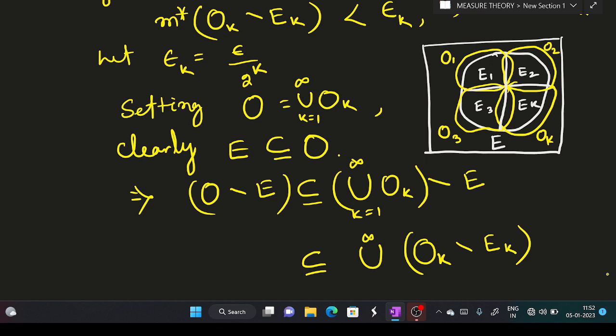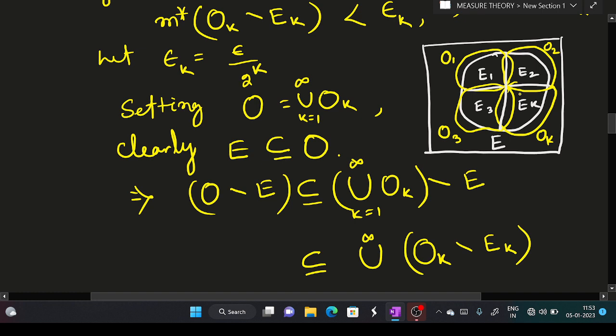Now let us observe the diagram. What is my Ek? Ek is a disjoint collection of measurable sets. E is broken into several pieces, E1, E2, E3 and so on, Ek and so on. There are countably many, each disjoint from the others, and their union is E. Observe this diagram. For E1, which has finite measure, there exists O1 containing E1.